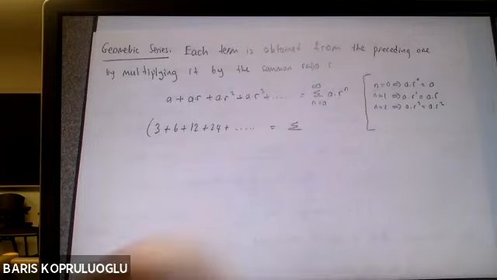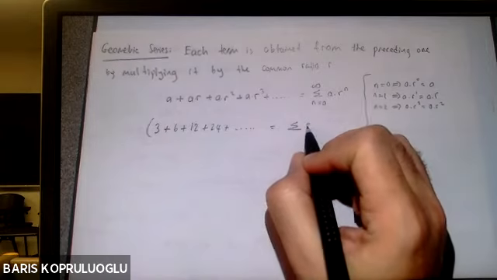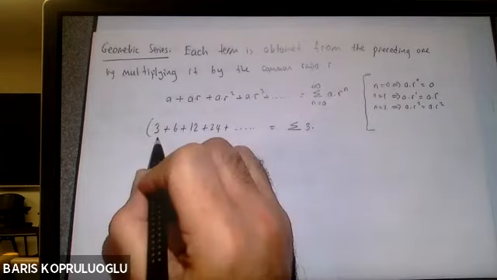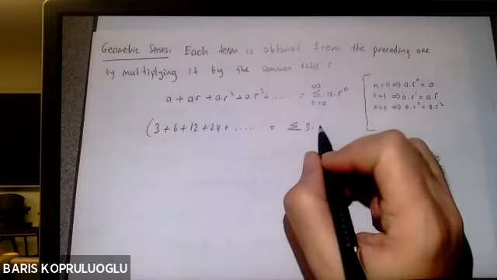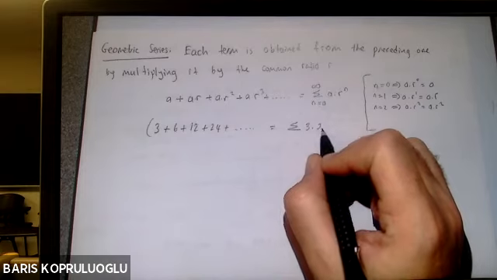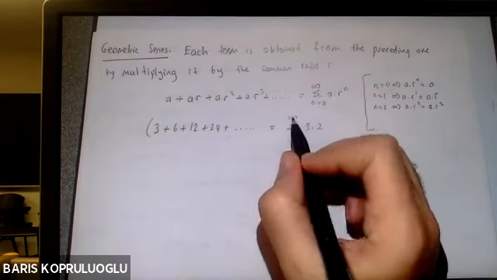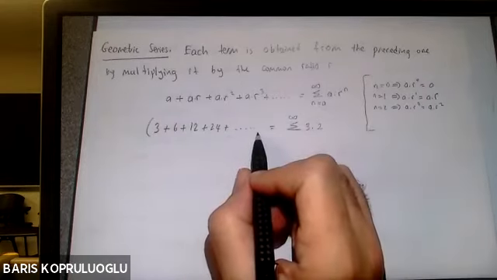The first term is 3. And then what is the common ratio? 3, 6, 12, 24. We basically multiply each term by 2, so our common ratio r is going to be 2, and it's an infinite series, so it keeps going.